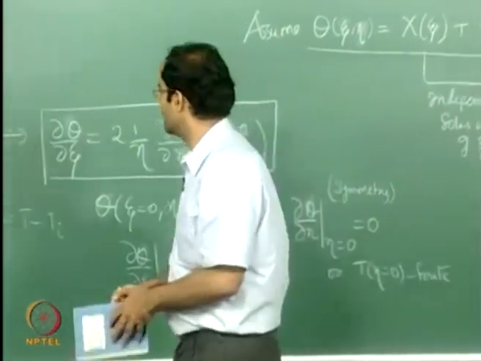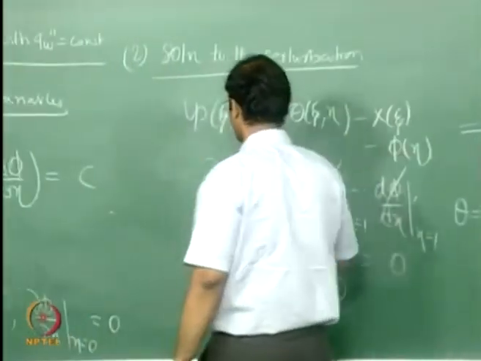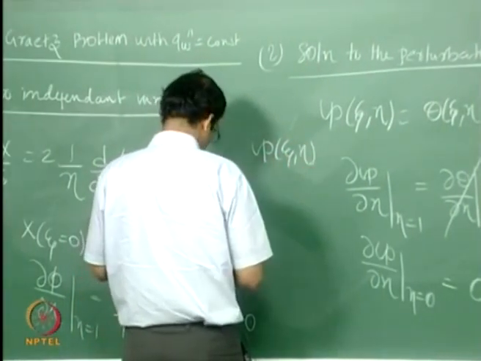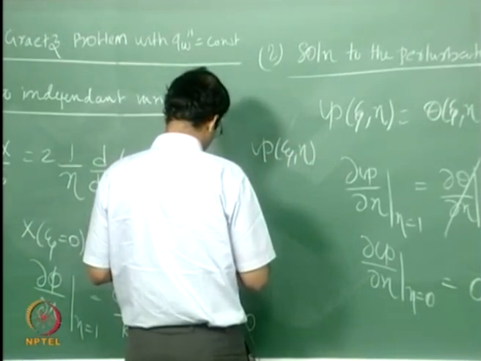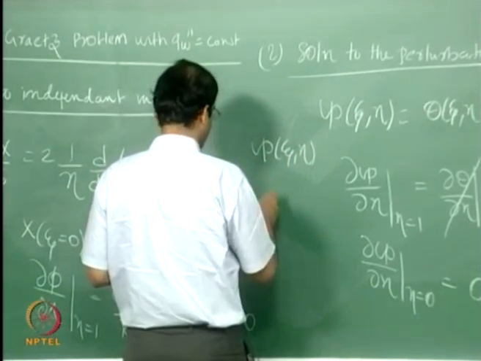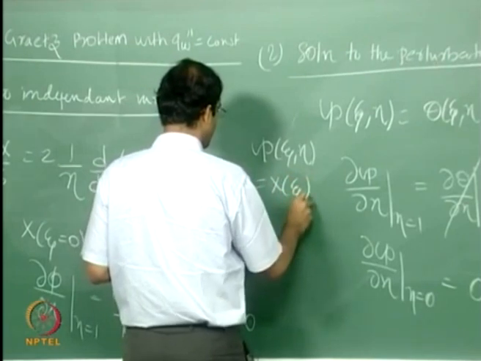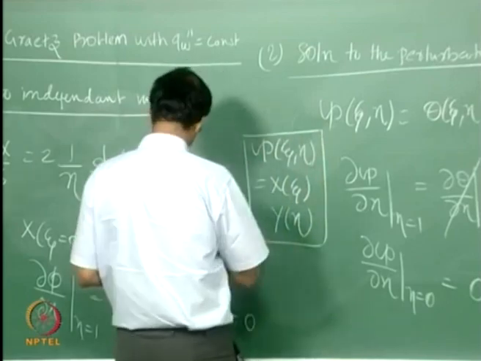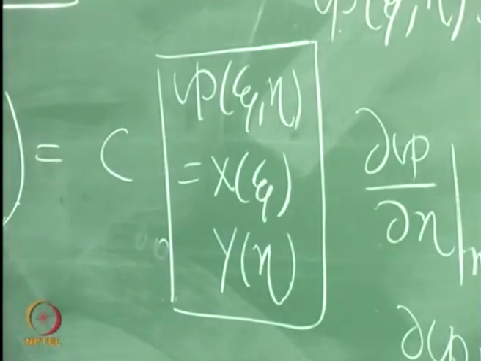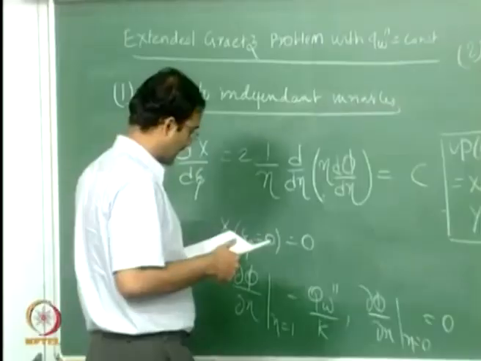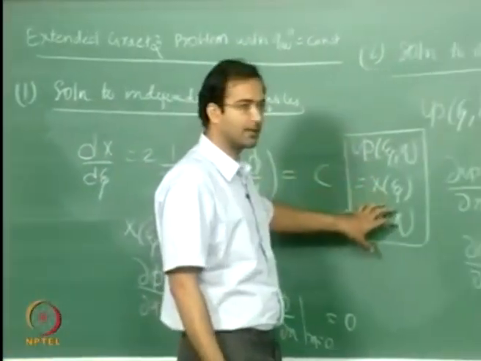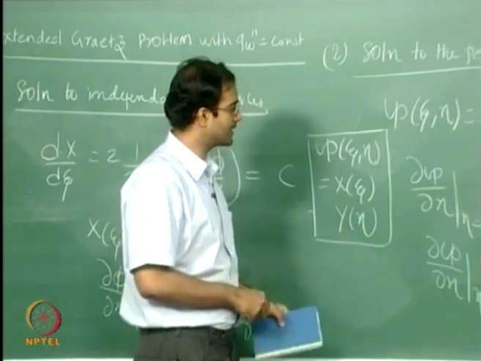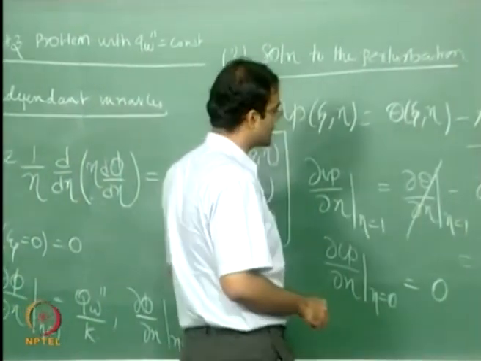Okay, so now you can say that I can assume that my psi of zeta comma eta is actually some x of zeta and some y of eta, and I can now proceed with my regular solution. Okay, so what is the remaining boundary condition? That is at zeta equal to 0.